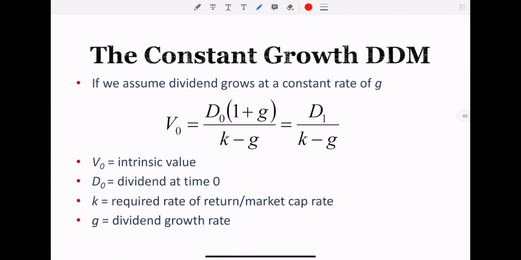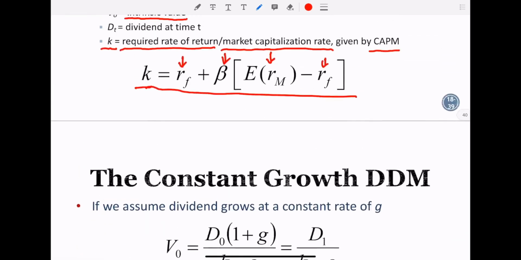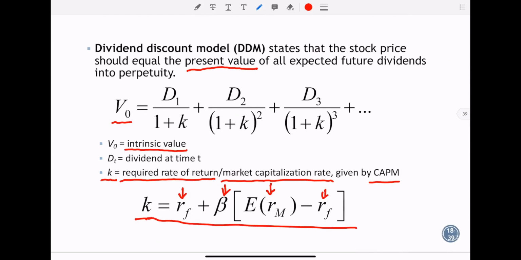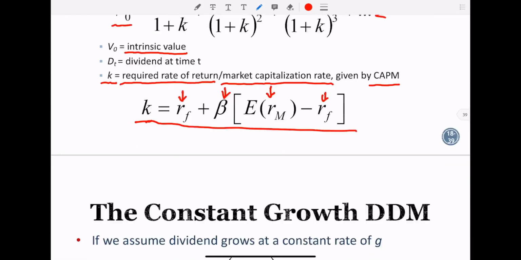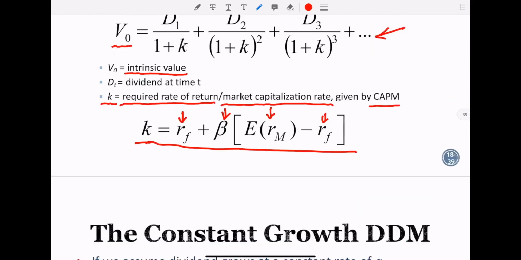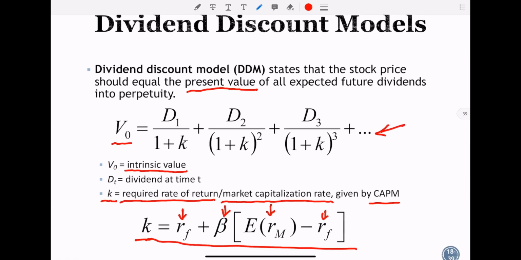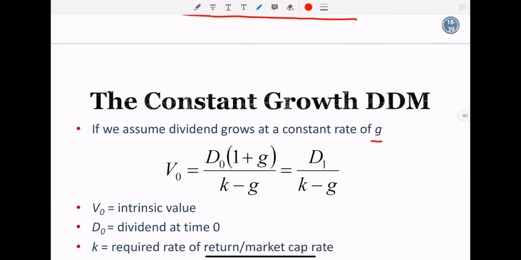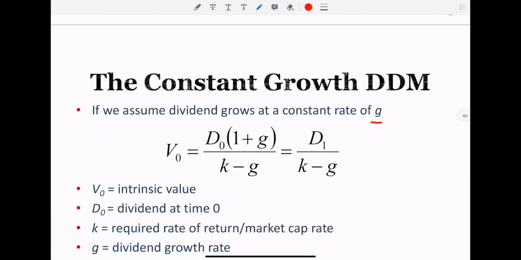Now, a simpler model compared with this one is the constant growth model, right? So here we are basically assuming all future dividends will grow at a constant rate of G. In this case, we can simplify this complicated long formula into a very simple formula.